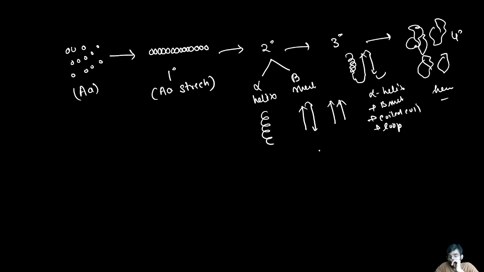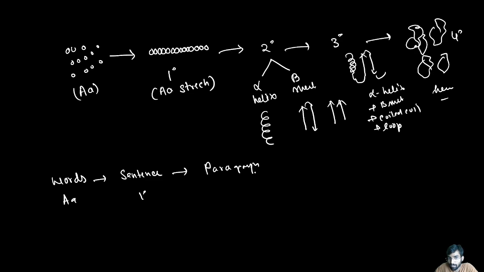You can also think of amino acids as words. Suppose I'm telling you these amino acids are words. Now primary, that's the sentence. Secondary is the paragraph.